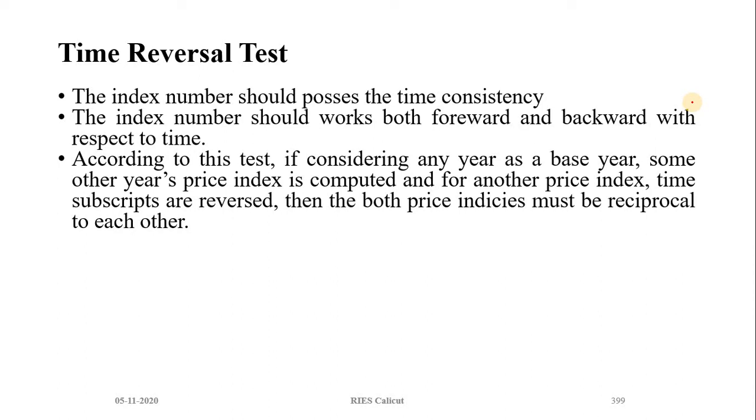Then when the time subscripts are reversed, both price indices must be reciprocal to each other. Suppose P01 is the price index for the current year, keeping 0 as the base year.